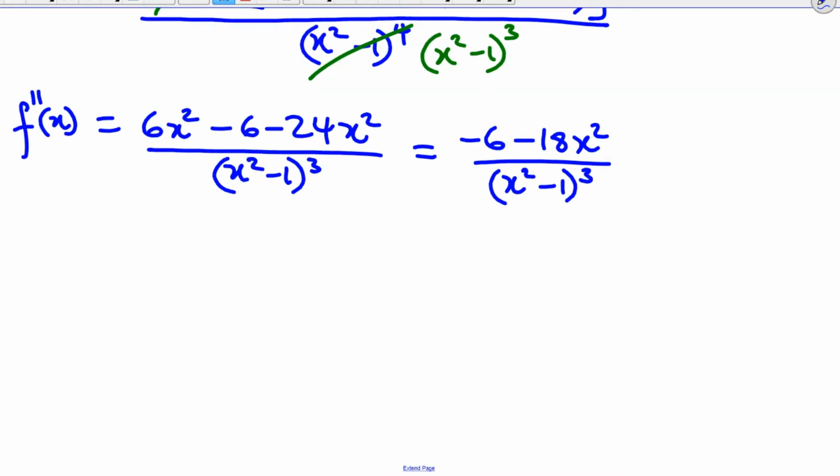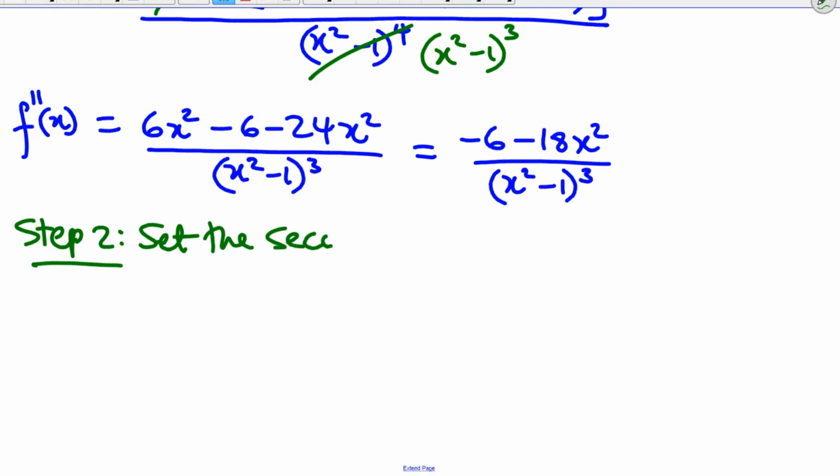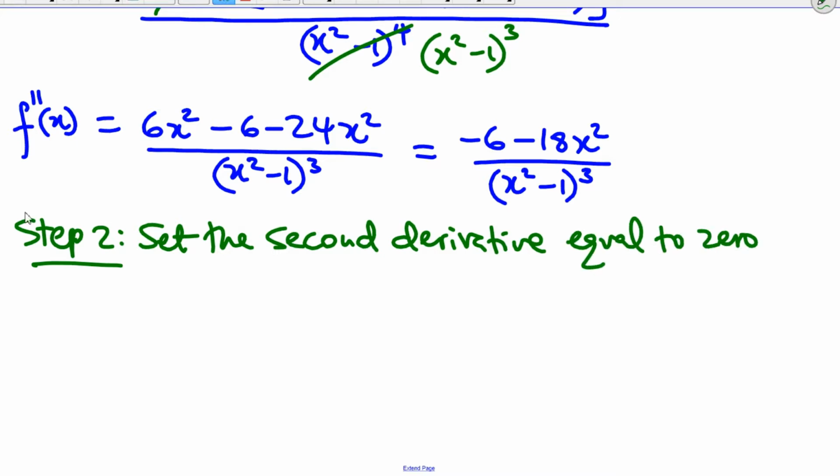So step 2, we shall be setting the second derivative equal to 0 and solving for the potential points of inflection.